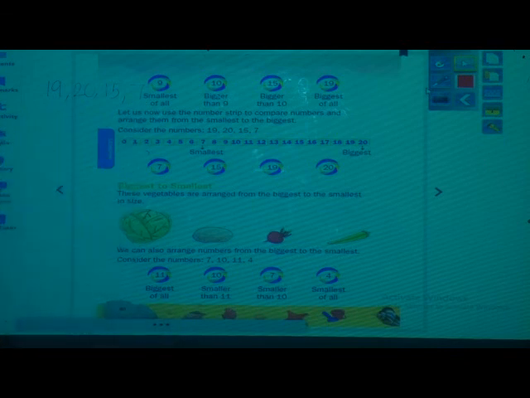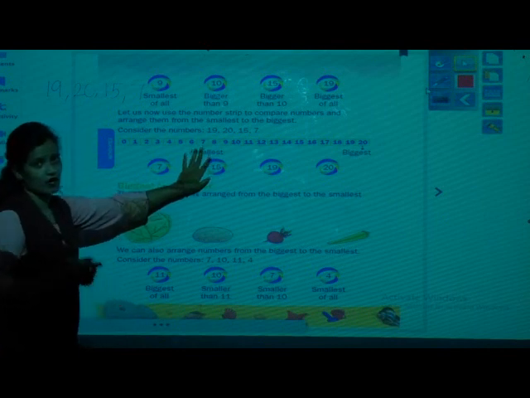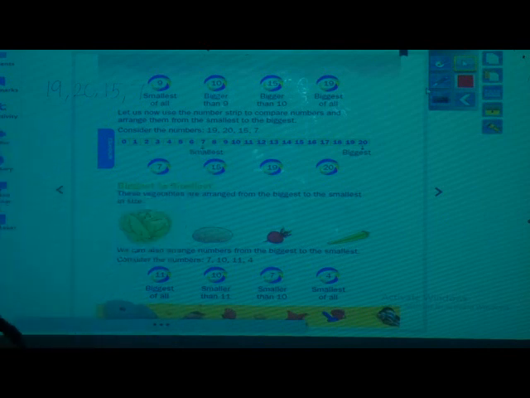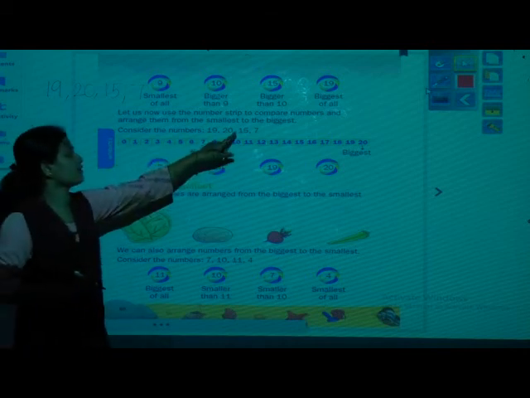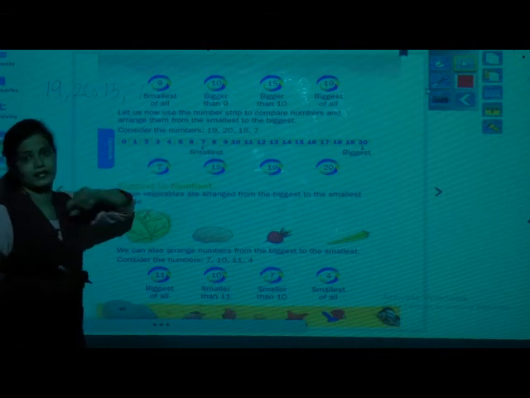These are the 4 numbers. और हमें यहाँ पे number strip use करना है और arrange करना है smallest to biggest. Come on. Now here you can see 7, 15, 20 and 19.